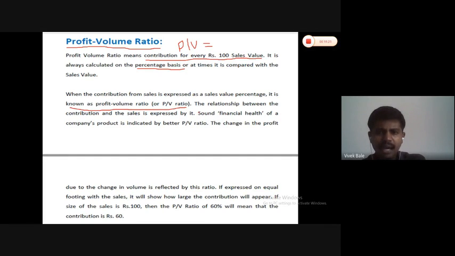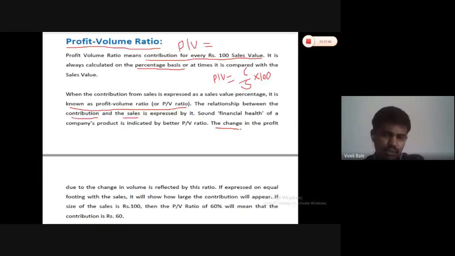And the relation between contribution and sales is expressed in percentage. Another thing is that the change in profit due to change in volume is reflected by this ratio.